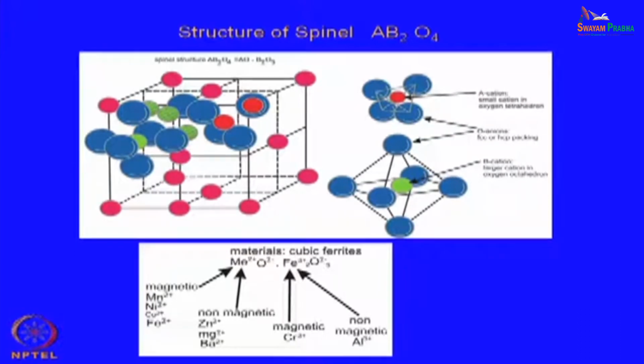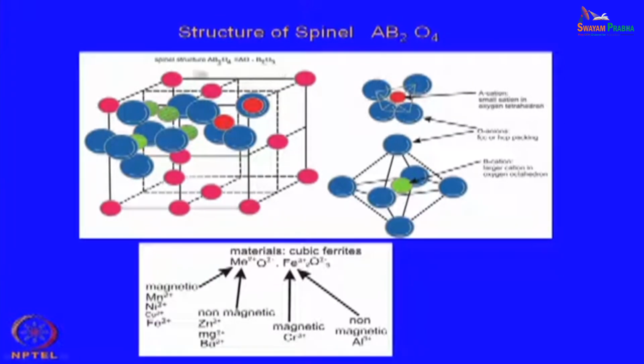Aluminum prefers 6-fold coordination in almost any compound, though there are exceptions of course. Normally aluminum goes to the octahedral site and magnesium goes to the tetrahedral site, which also indicates that the ionic radius of magnesium is much smaller and that of aluminum is larger. That is also mentioned here, that the smaller cation goes to the tetrahedral site and the larger cation goes to the octahedral site.